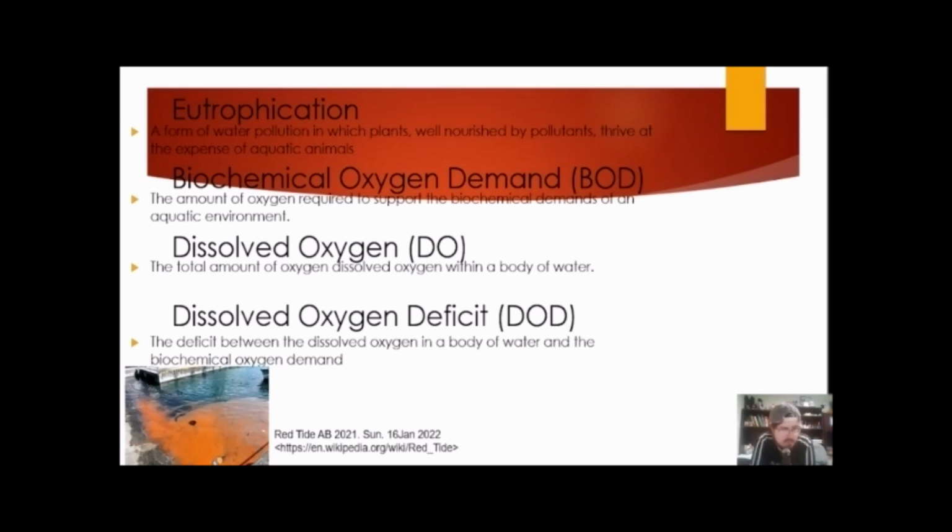Now, there's other ways this can happen, such as the red tide, of which there are multiple different instances. Most recently, there was a red tide in Florida in 2021, 2017, 2018. Multiple instances of this in the Gulf of Mexico in 2015, 2011.